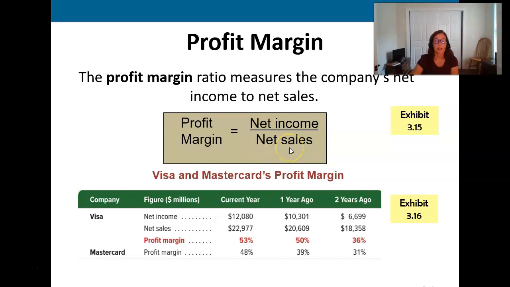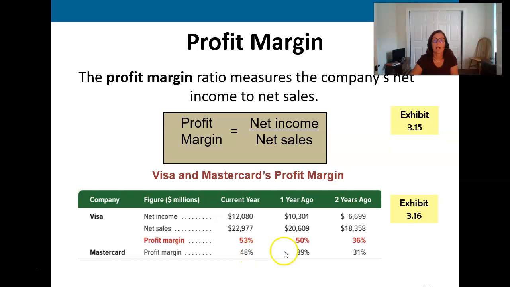Now, net sales, again, being almost the top line revenue column, and then the net income being what's left after they've paid all of their expenses. So how efficiently do they conduct operations so that they can maximize their profit margin?